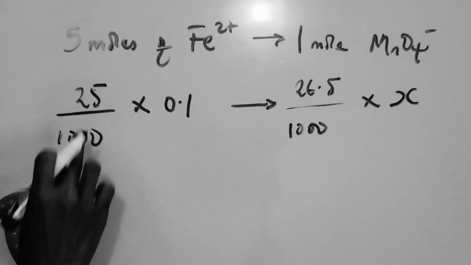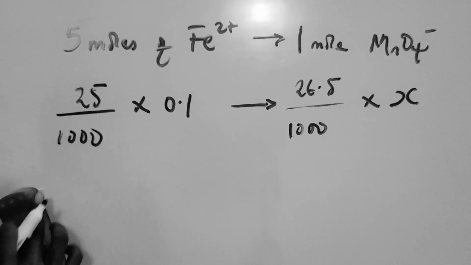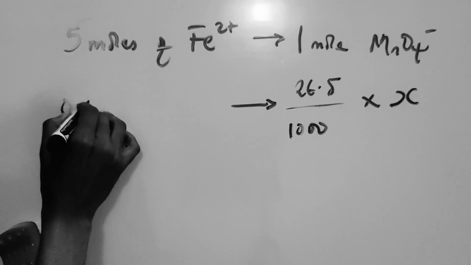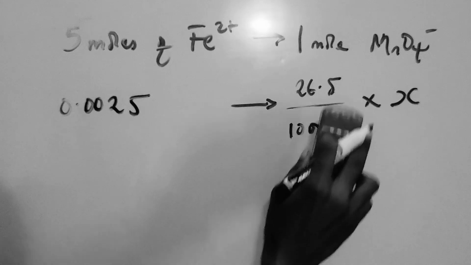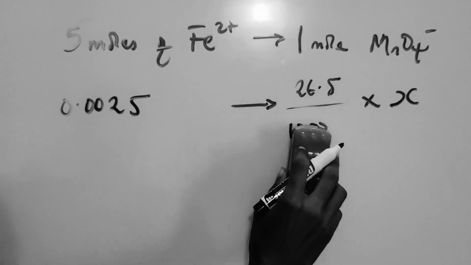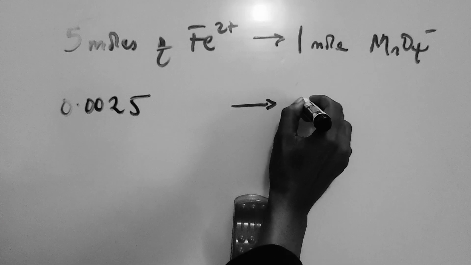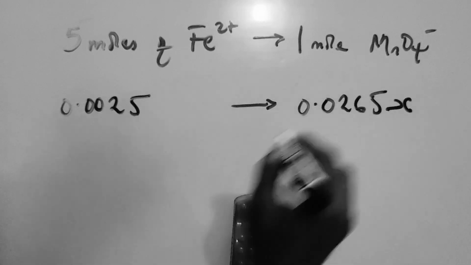In this case, I'm going to multiply 25 by 0.1 and divide by 1000, which will give me 0.0025. Can you see that? When I divide 26.5 by 1000, then multiply by x, that should give me 0.0265x.